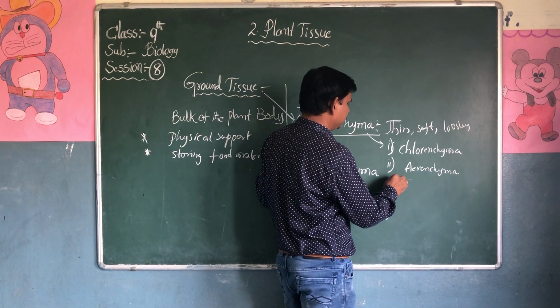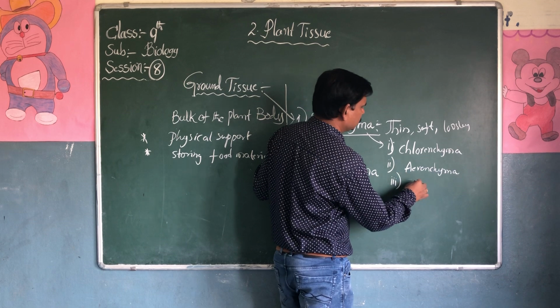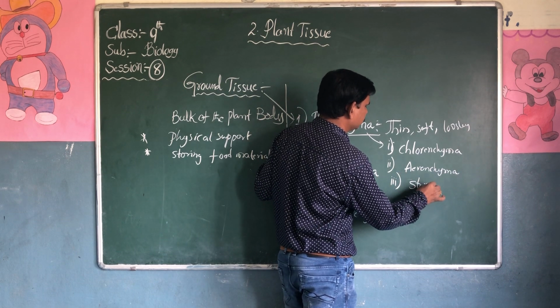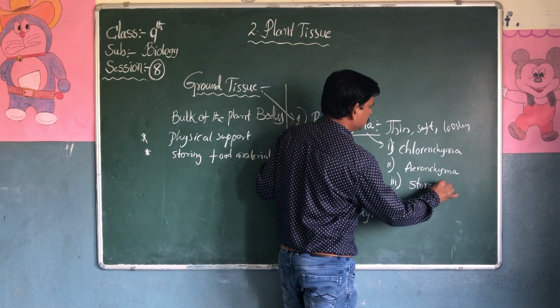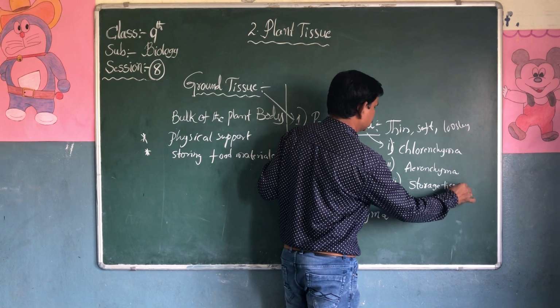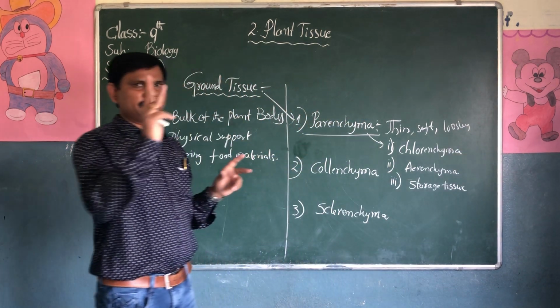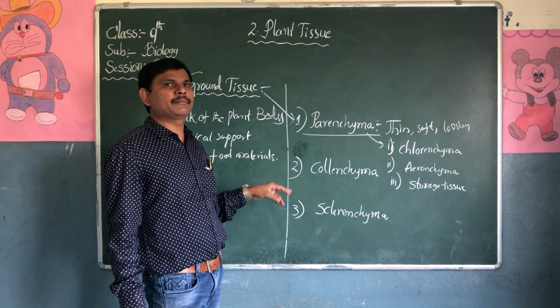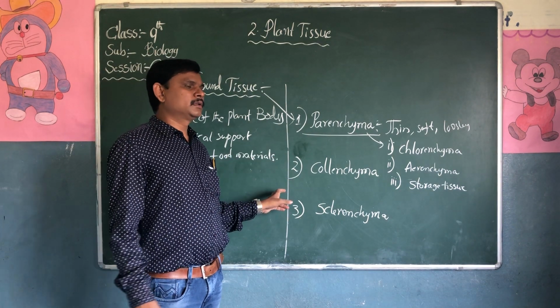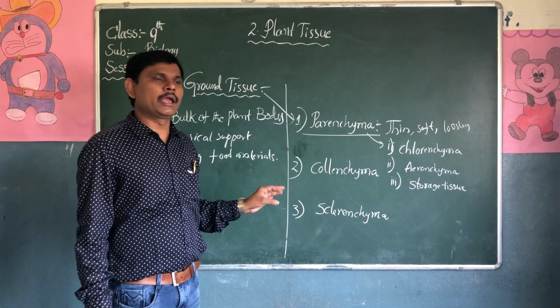The last one is storage tissue. Ground tissue has three different types: parenchyma, collenchyma, and sclerenchyma.